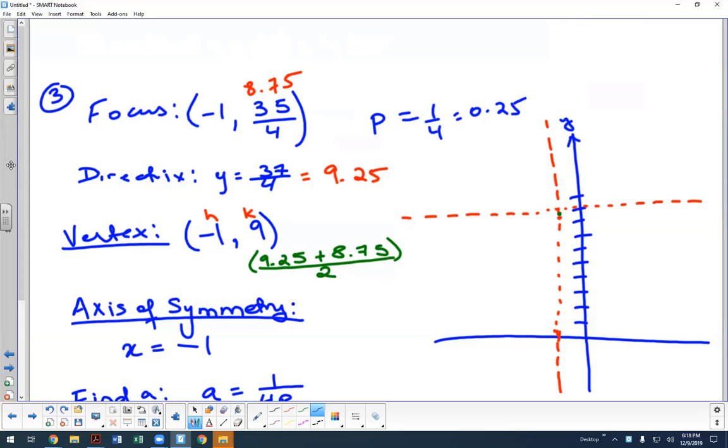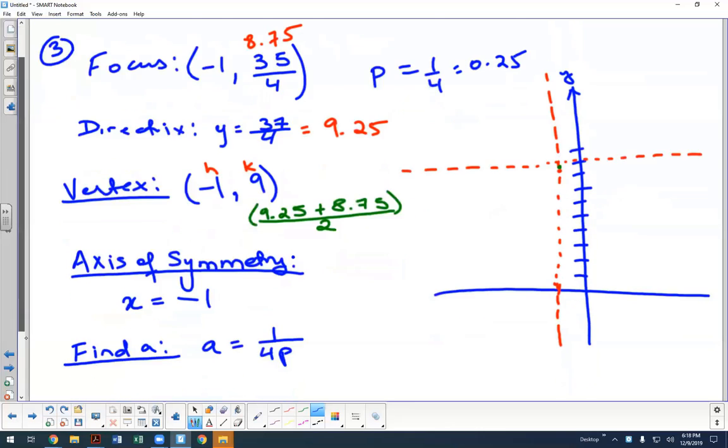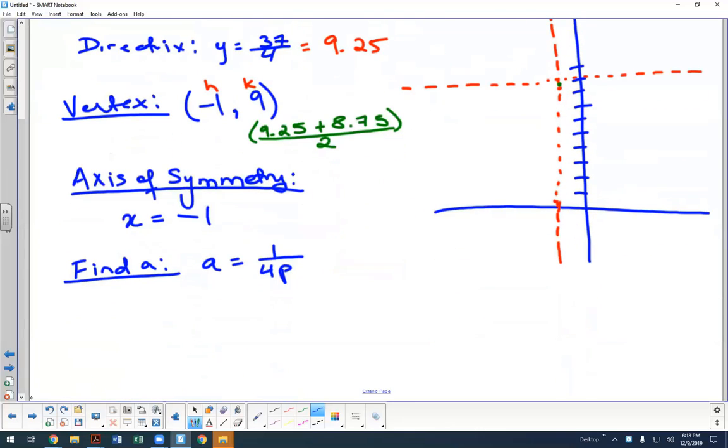Anybody who does not see where we got the p value from? Basically, just how far away are these two numbers? Or you can also do how far away is 9 from 8.75, or how far away is 9 from 9.25. It should be the same thing. And you don't have to worry about positive or negative in this case, because we're just talking in terms of distance. We just need to know if it's going to be above or below.